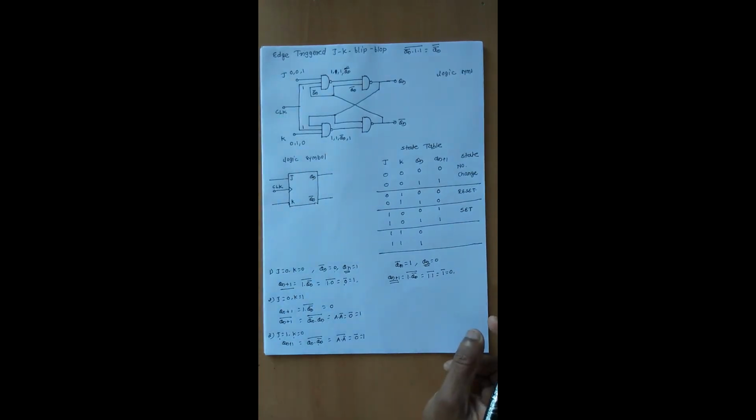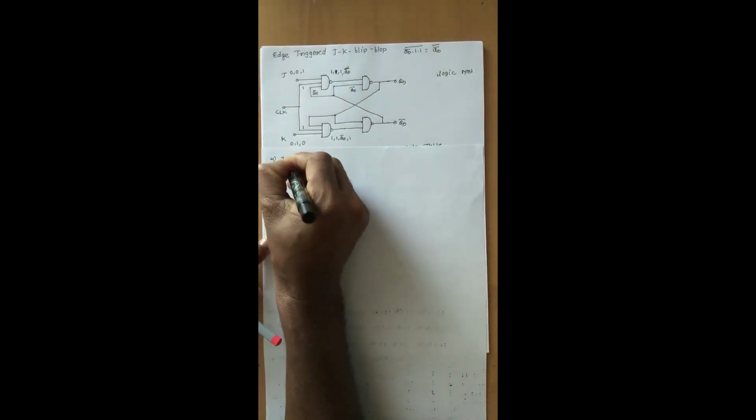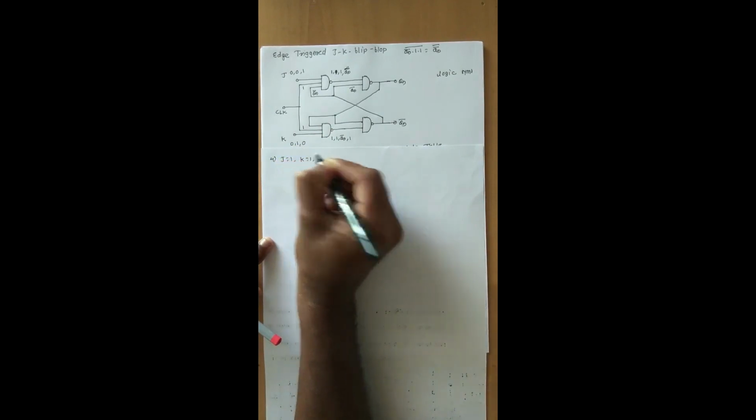Then we have to study a very important characteristic of the JK flip-flop, that is J is equal to 1, K is equal to 1. Let's continue with the fourth case, that is J is equal to 1 and K is equal to 1.